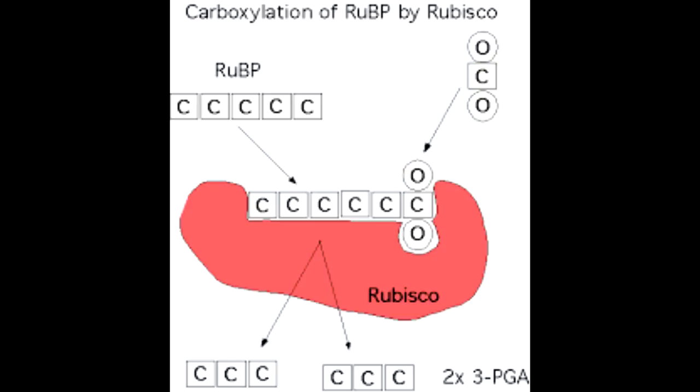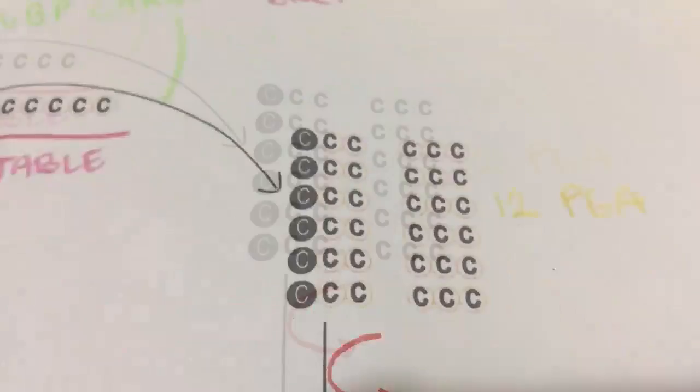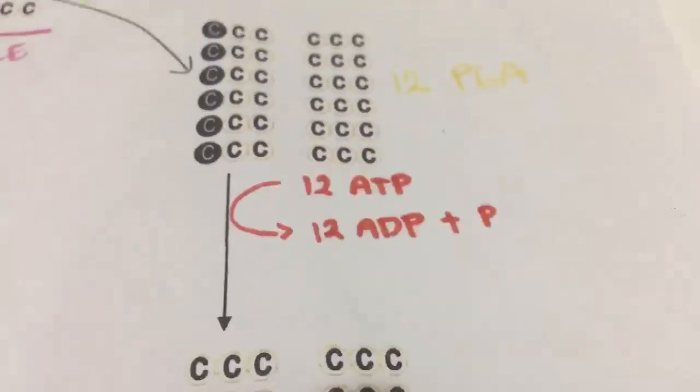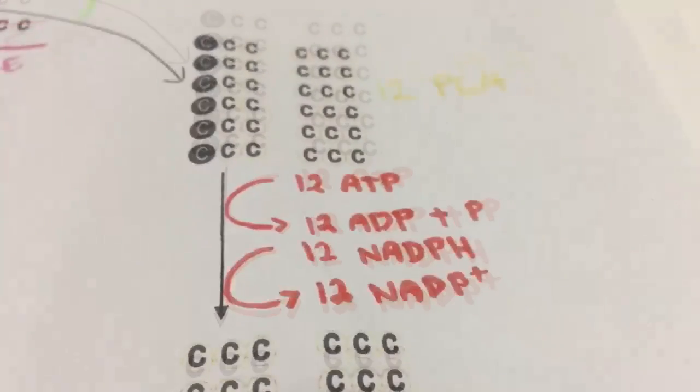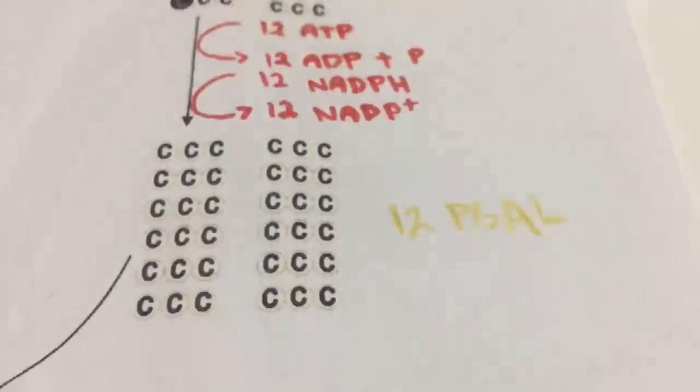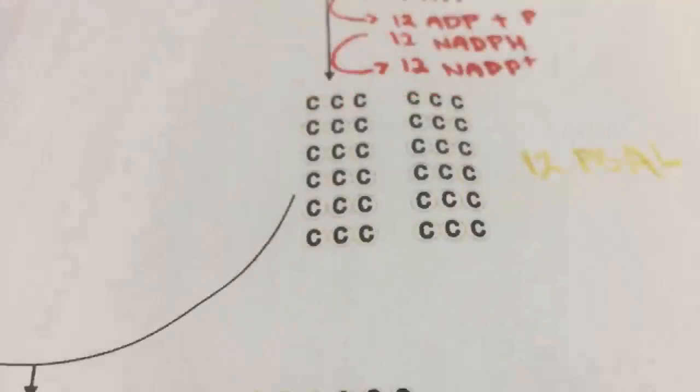RuBP carboxylase comes in, catalyzing the reaction. Going back to 12 PGA, it will use 12 ATP from the light-dependent reaction, converting it into 12 ADP plus P. It will then use 12 NADPH, converting it into 12 NADP plus, producing 12 PGAL.